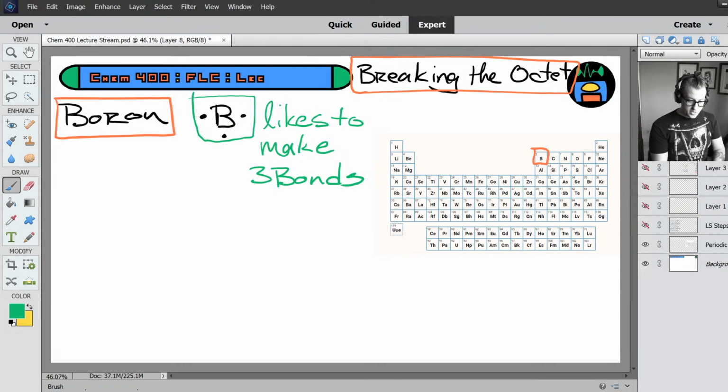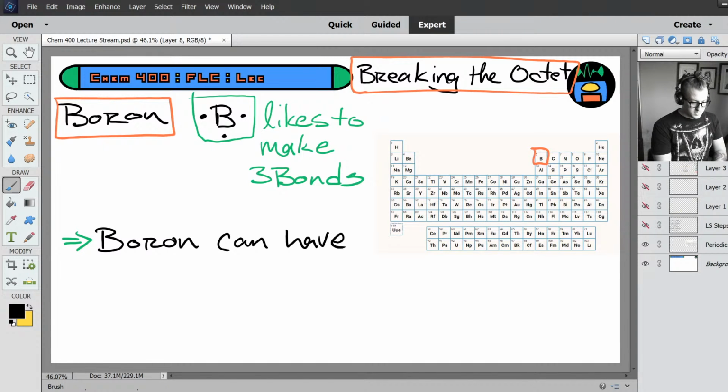And the thing about boron is that boron can have 6 or 8 electrons in its valence.